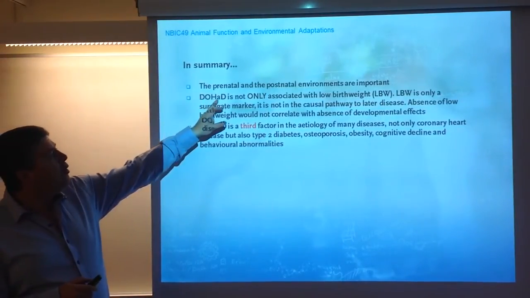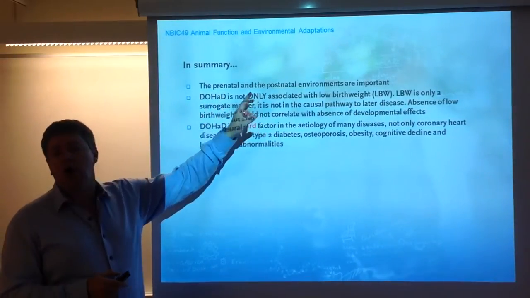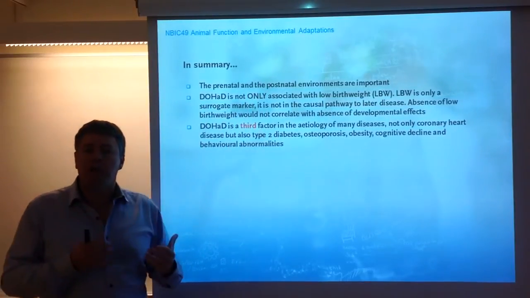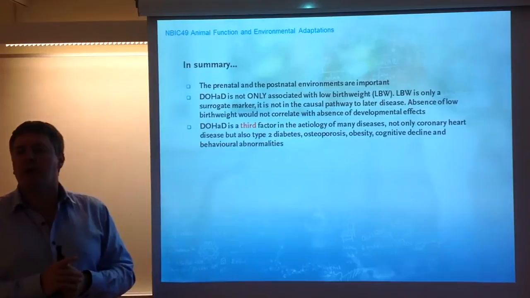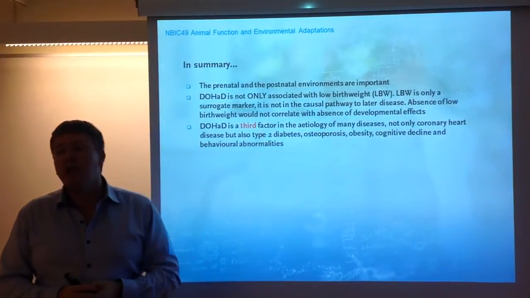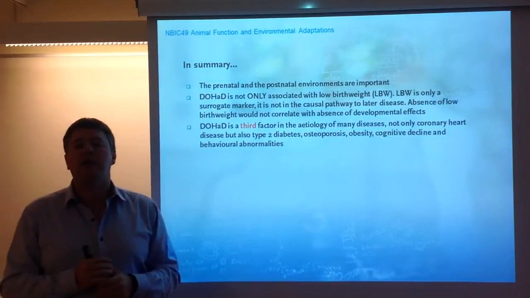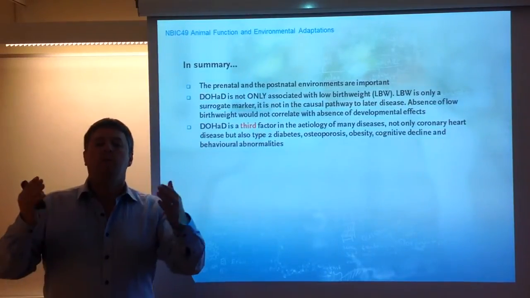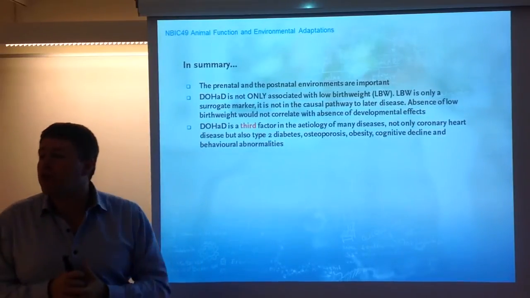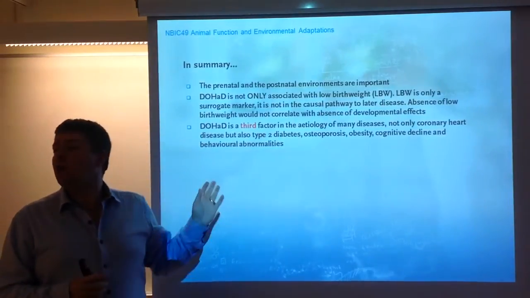The developmental origins of health and disease is not only associated with low birth weight. That was the start, the start of Barker's hypothesis. Nowadays, we recognize many other risk factors that are not uniquely associated with low birth weight. Put it in other ways: if you are born normal for size, does that mean that you cannot have any problem?